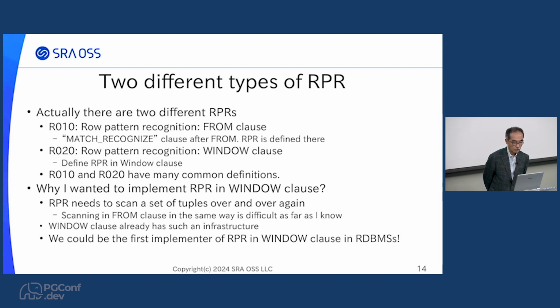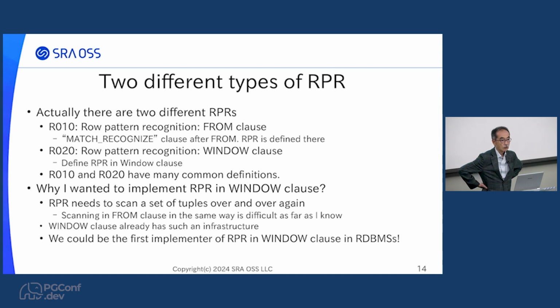It implements RPR in the window clause. Actually, R010 and R020 have many common definitions, so I think the power of expression is not so different between them.